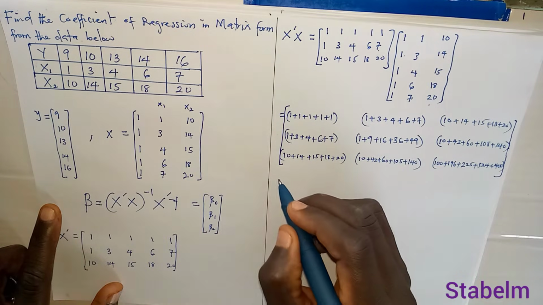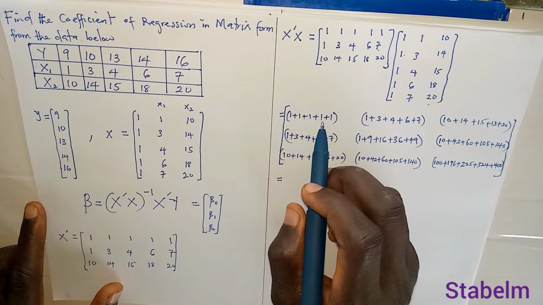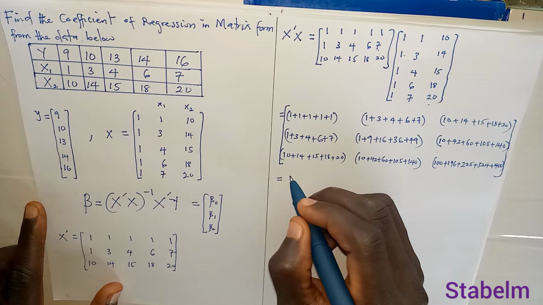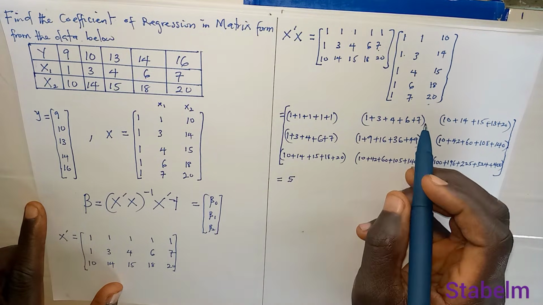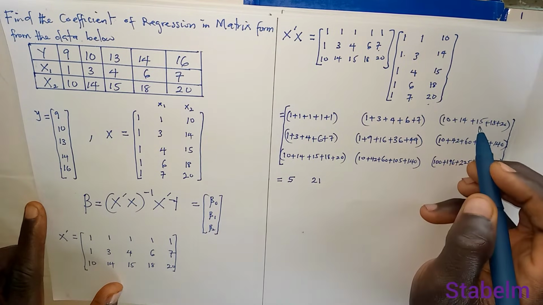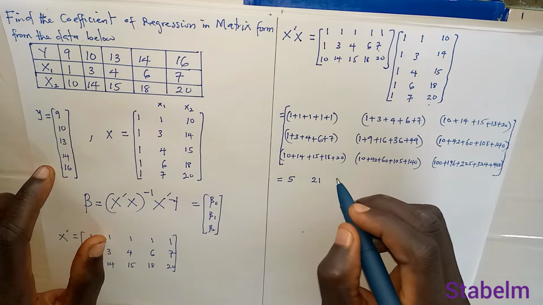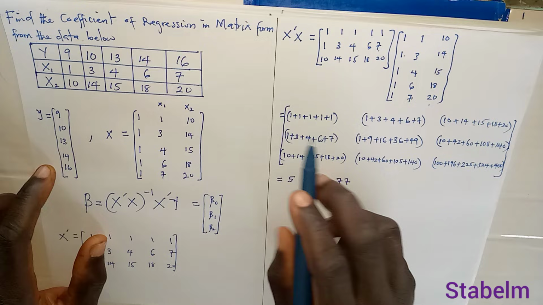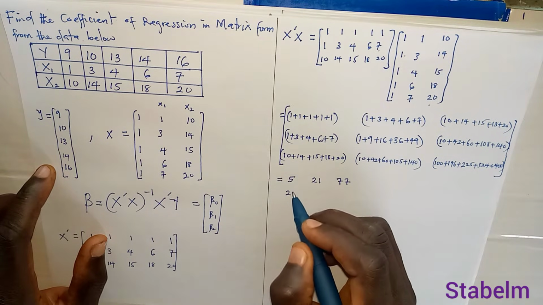So by the time we add all this together, 1 plus 1 plus 1 plus 1 plus 1, that will give us 5. 1 plus 3 plus 4 plus 6 plus 7, that will give us 21. 10 plus 14 plus 15 plus 18 plus 20, that will give us 77. 1 plus 3 plus 4 plus 6 plus 7, this bracket is the same as this bracket here, so this will be 21.